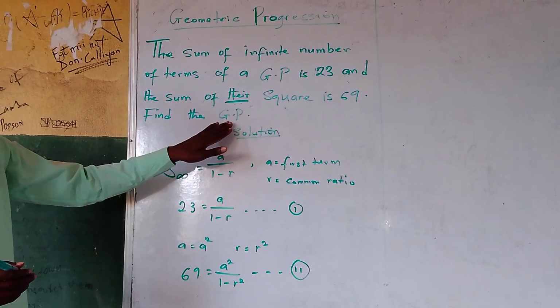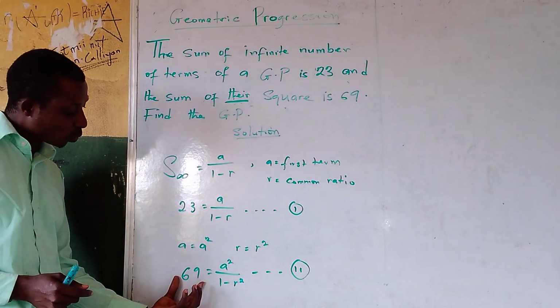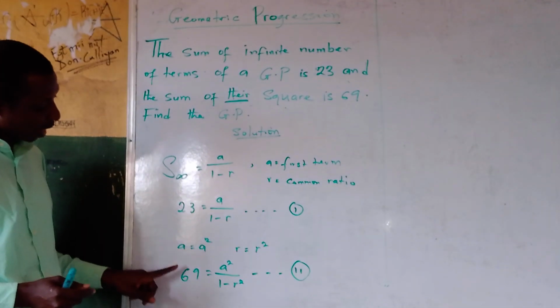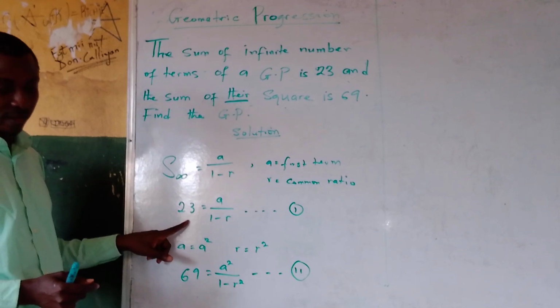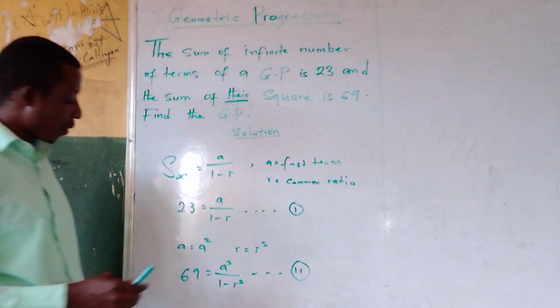So we want to get the GP. Now what we need to do is just do simple manipulation. When you look at this, you will see that this 69 is 3 times 23. So I'll just try and adjust this.